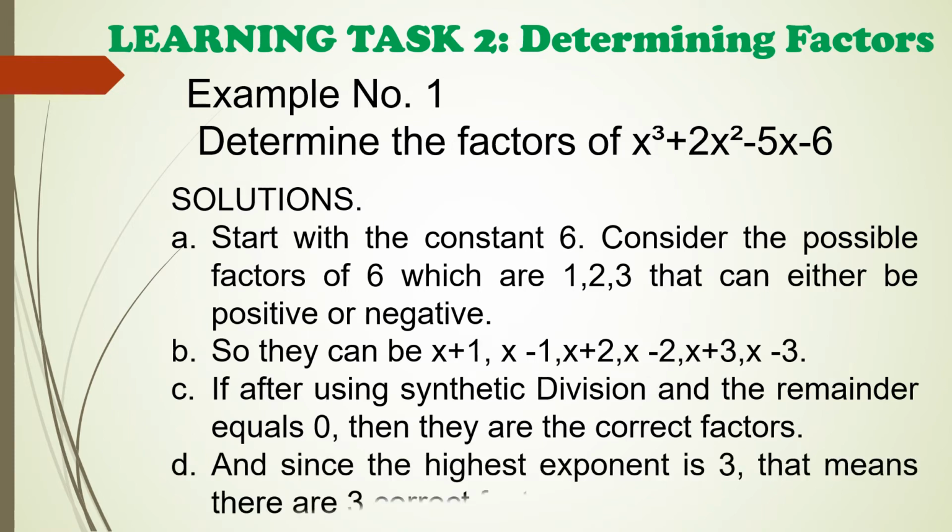So that means they can be x plus 1, x minus 1, x plus 2, x minus 2, x plus 3, or x minus 3. If after using synthetic division or remainder, the remainder equals 0, then they are the correct factors. And since the highest exponent is 3, that means there are 3 correct factors.